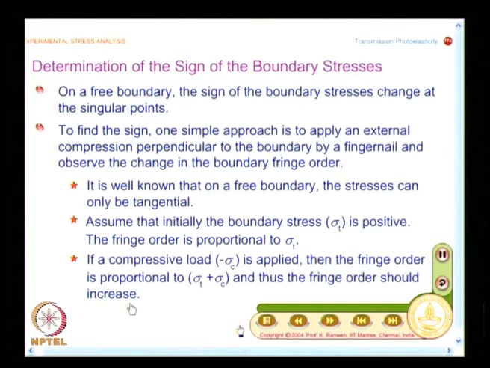So, if the boundary stress was positive, a compression by a fingernail on the surface would result in increasing the fringe order at the point of interest. So, if the fringe order increases by a compression, you will say boundary stress was positive. On the other hand, if the fringe order decreases, boundary stress is negative.